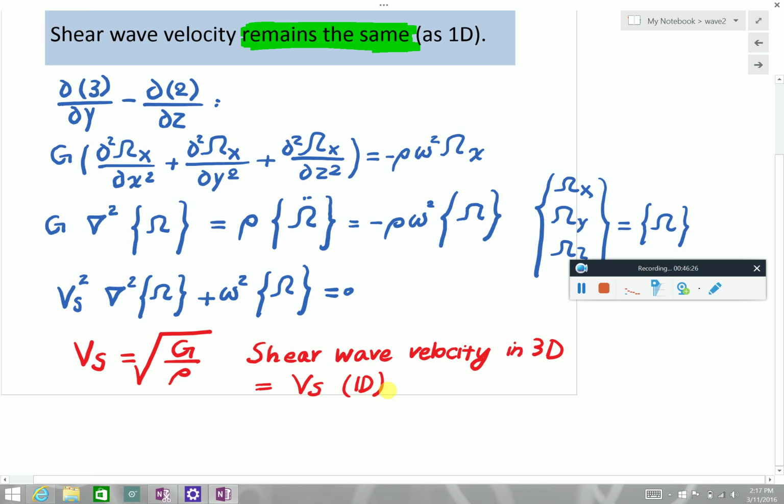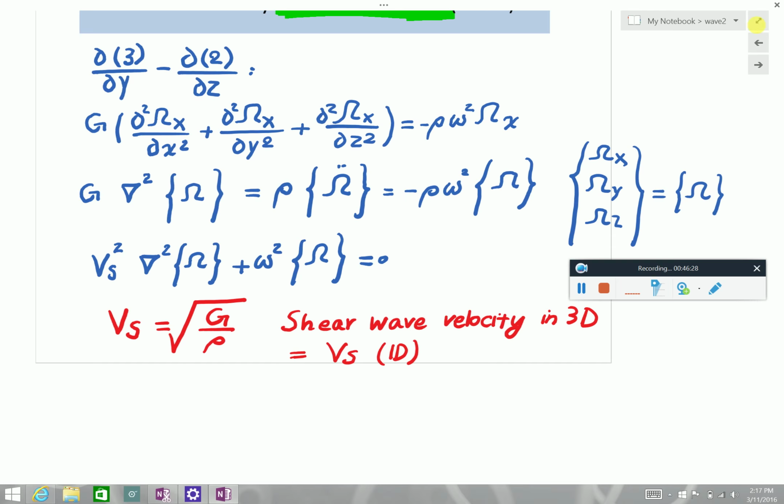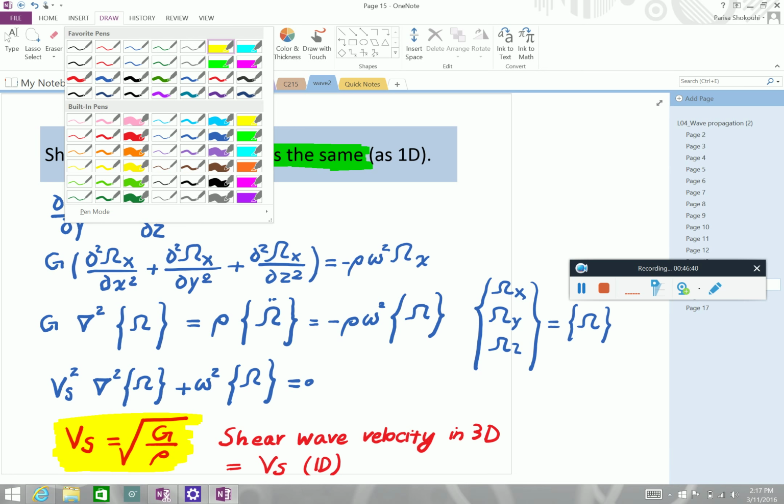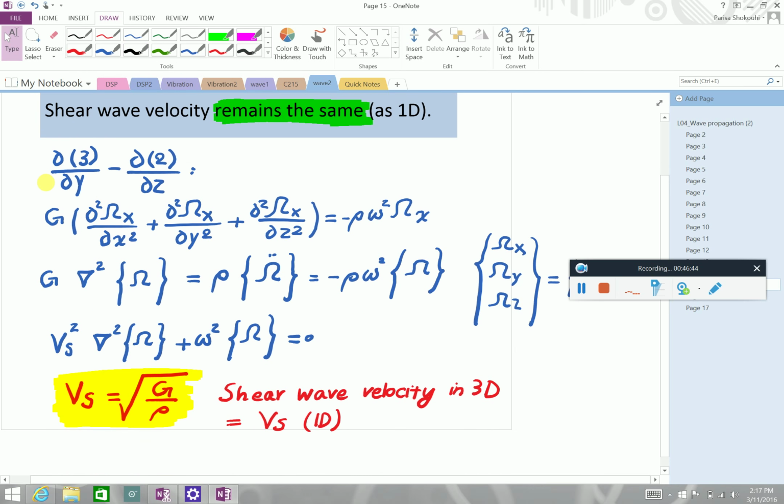So it doesn't matter if we use 1D or 3D, the shear wave velocity stays the same. An important conclusion. We don't even have to say if we measured it in 3D or in 1D.